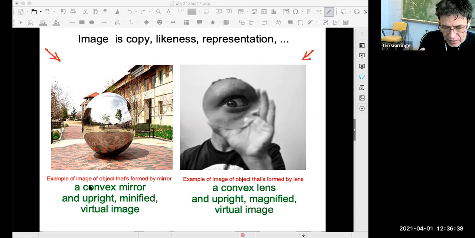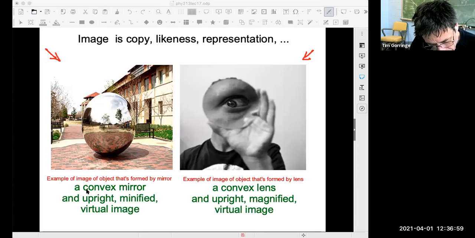For example, in the case of the mirror on the left, the image appears to be behind the mirror's surface. But of course, it can't be behind the mirror's surface. It's just our eyes are interpreting it as behind the mirror's surface. Anyway, over the next 2 classes we'll talk a lot about upright and inverted images, magnified and minified images, and real and virtual images as ways to quantify, to describe images.